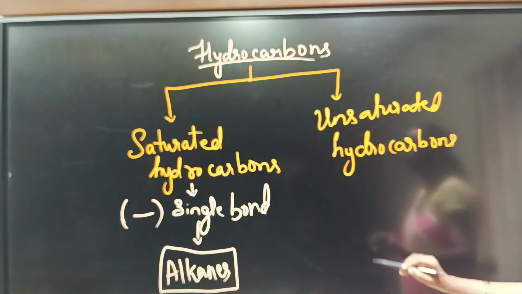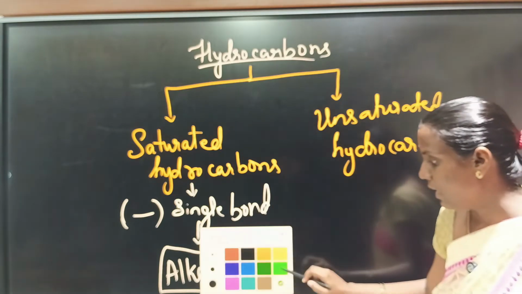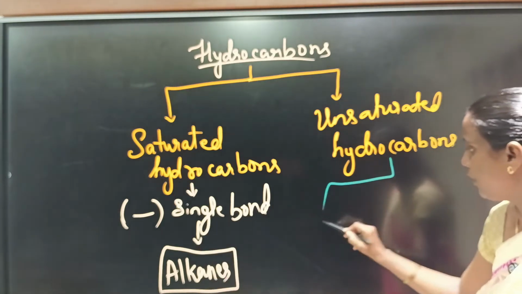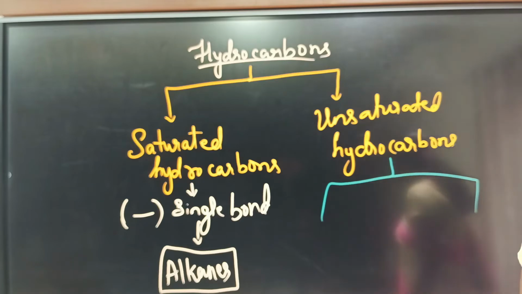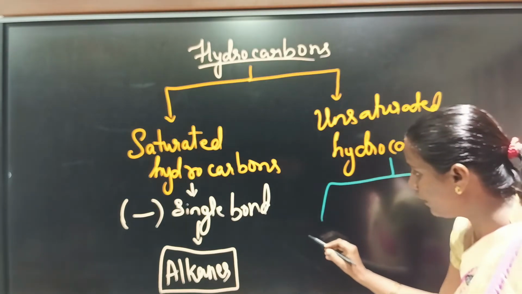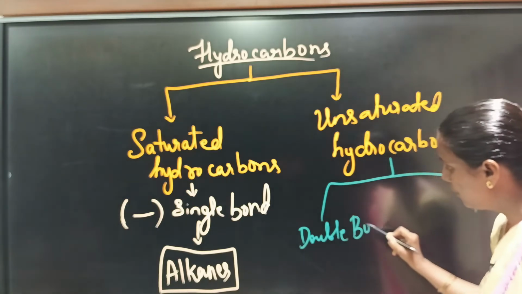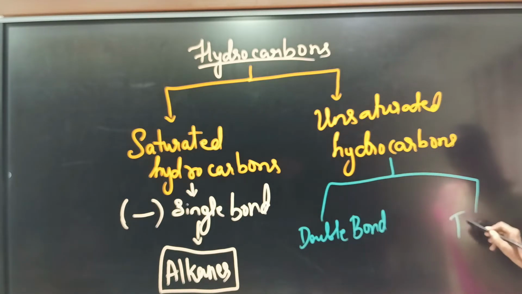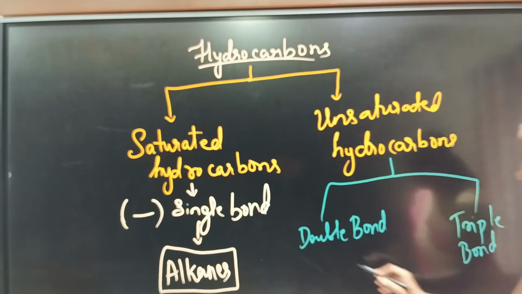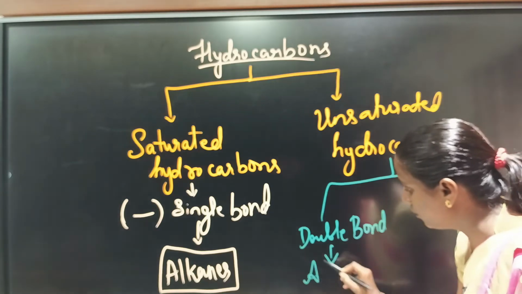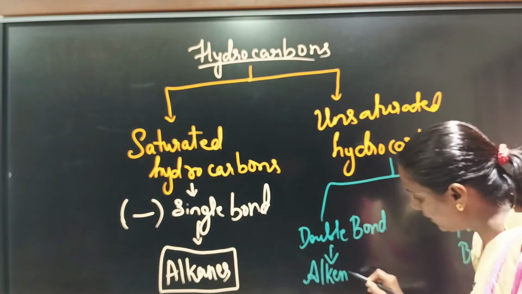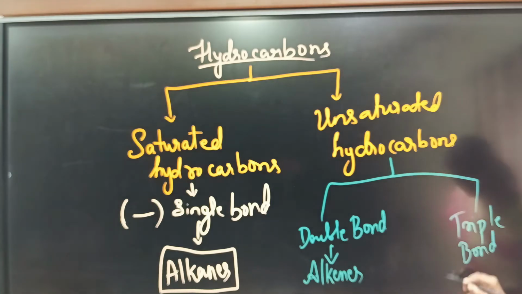Okay. Now, coming to unsaturated hydrocarbons. Unsaturated hydrocarbons are again classified into two types, that is, the hydrocarbons which are formed by a double bond and the triple bond. Okay. So, double bond hydrocarbons will be grouped under a name called alkenes, and triple bond will be grouped under a name called alkynes.